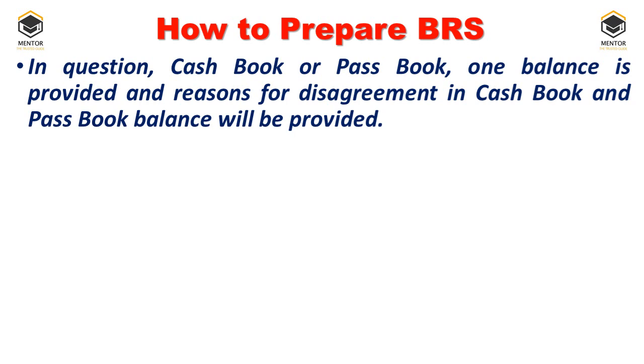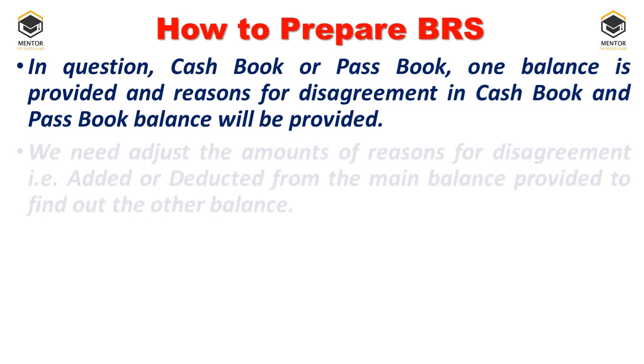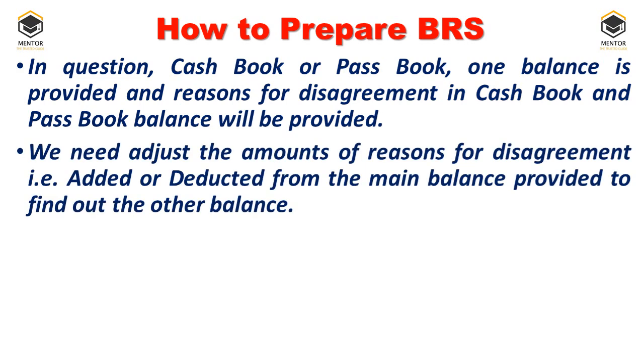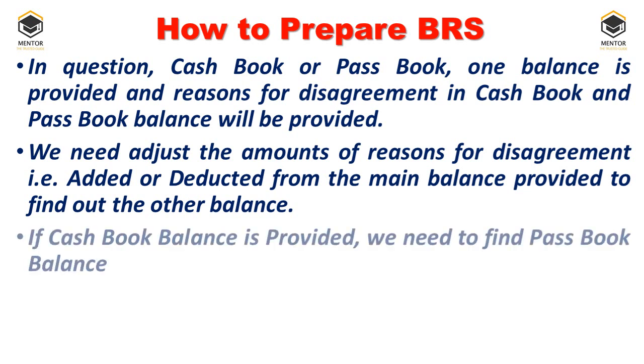So we have to find out the other balance, right? We need to adjust the amounts of the reasons for disagreement, that is, they will either be added or deducted from the balance provided to find out the other balance. In the sense, we will be provided one balance and the reasons for disagreement, and we need to adjust those reasons with their amounts to find out the other balance.